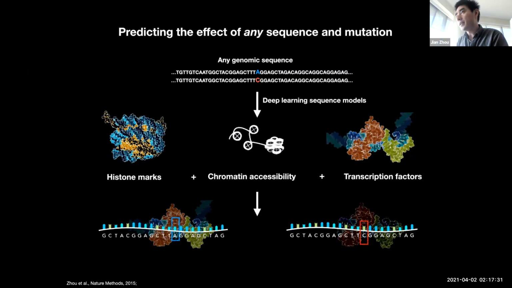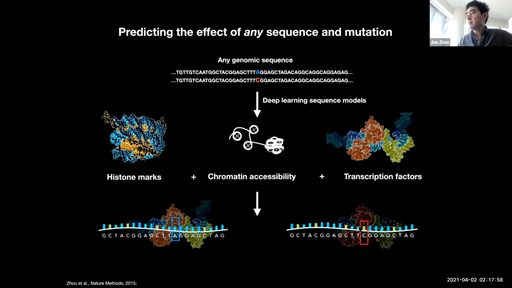If we predict that for allele A, we have a high binding of this transcription factor, while we have a much decreased binding for allele C, then we are predicting that this variant decreases the binding of this transcription factor, right? So now the question is, how do we know that our prediction is accurate?